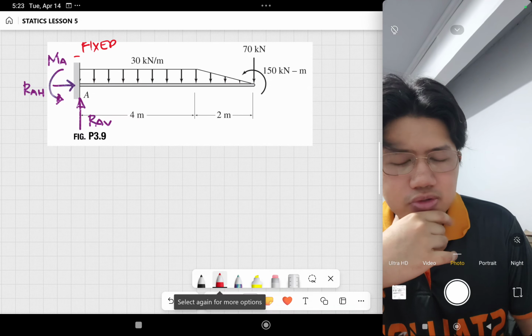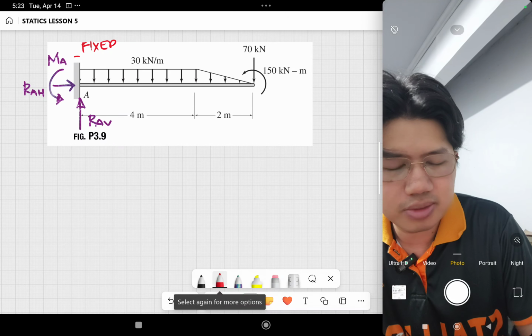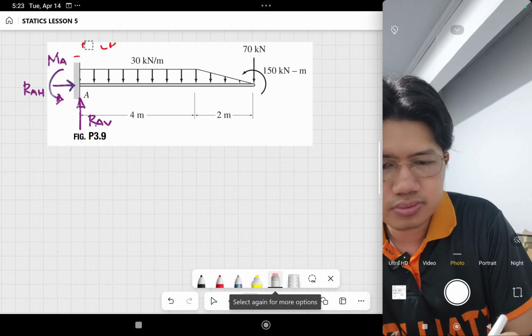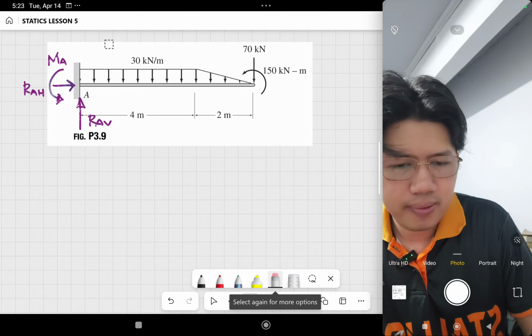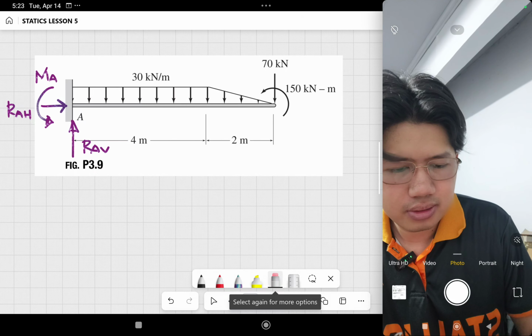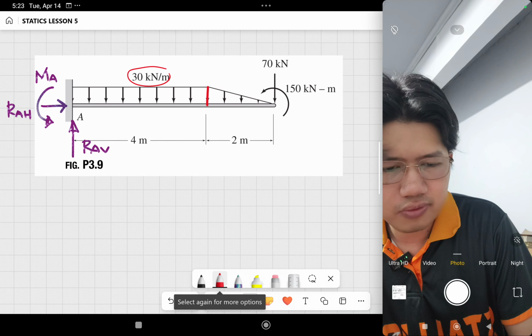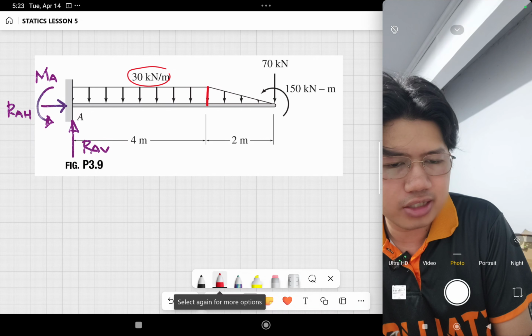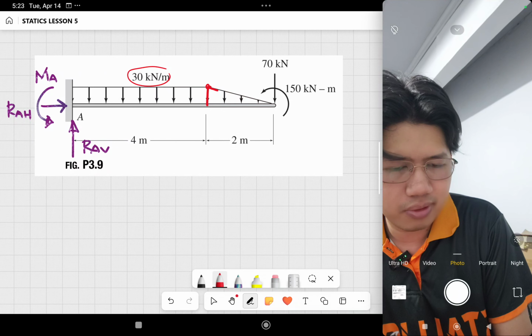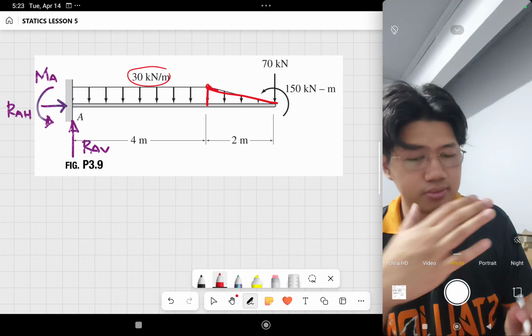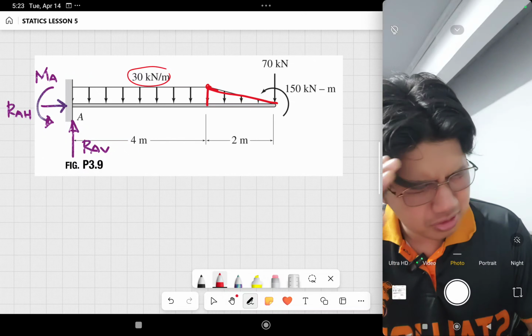Okay, so as you can see, meron tayong mga distributed forces. Distributed force na 30 kN per meter. So it is uniformly hanggang 4 meters, and then it varies from 30 kN per meter from this point. Bababa siya ng 2 meters.